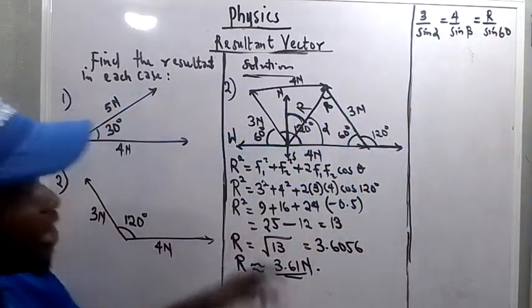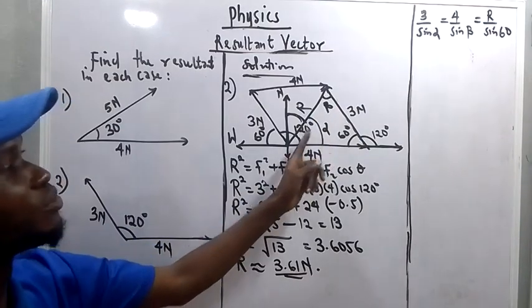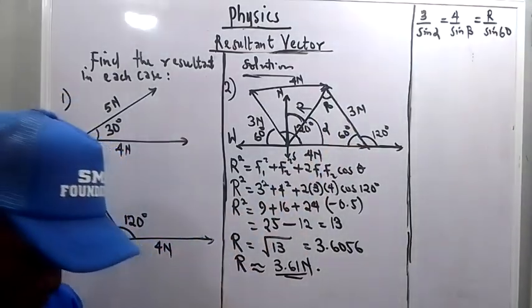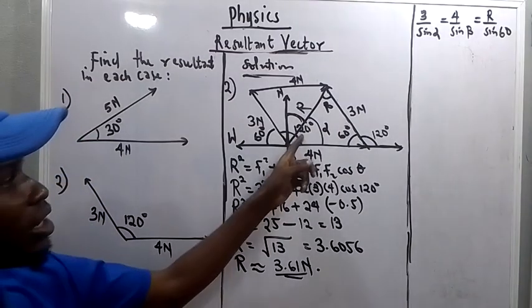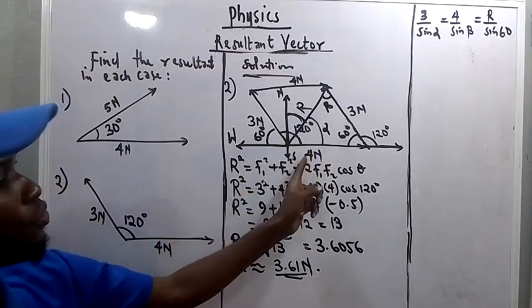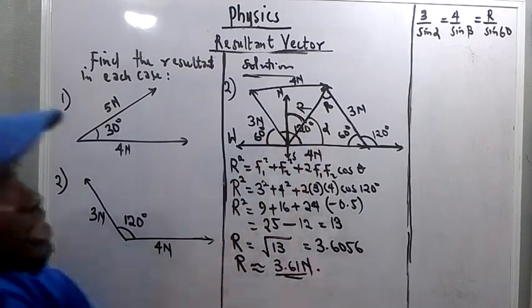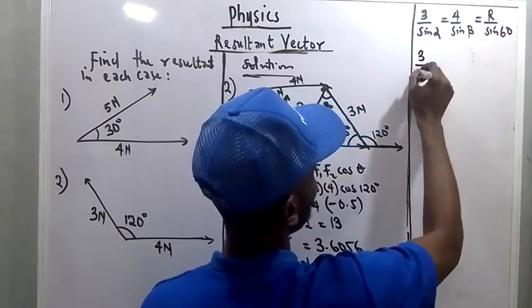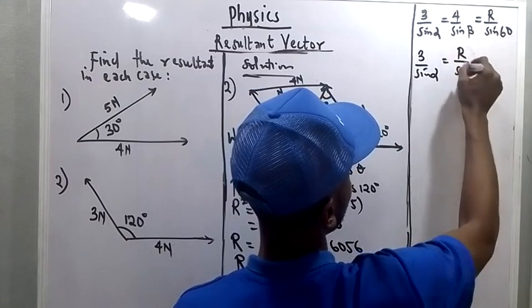The secret behind this is to place each force over the sine of the angle it is facing. So 3 over sine alpha equals 4 over sine beta, or equals R over sine gamma. I can use this and this together: 3 over sine alpha equals R over sine 60.